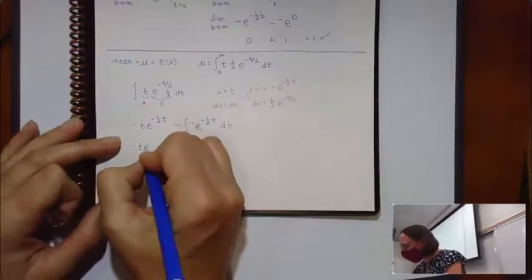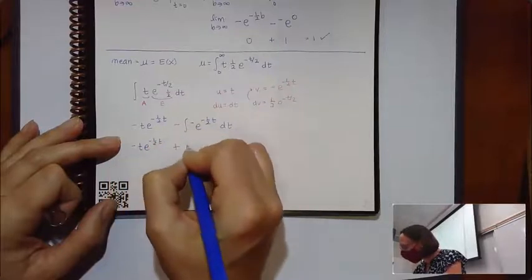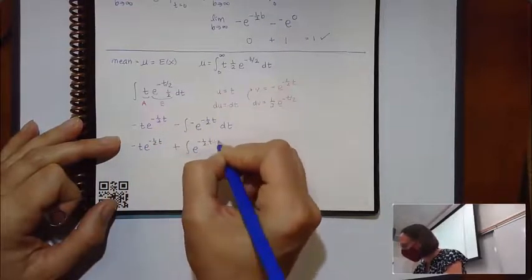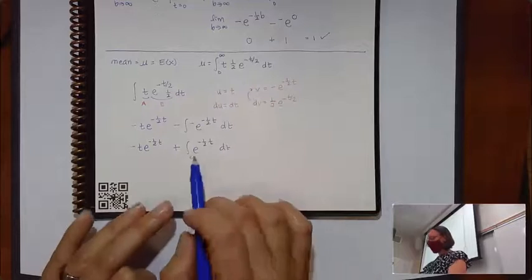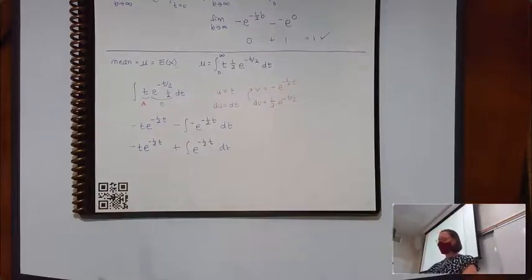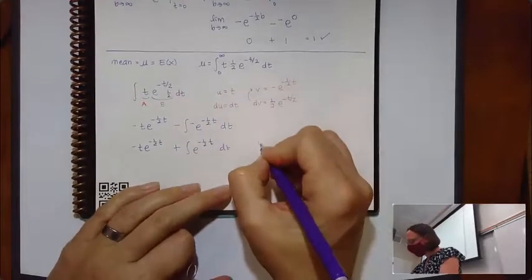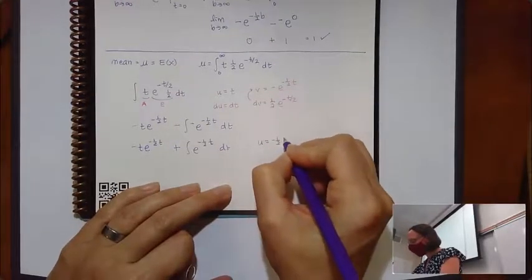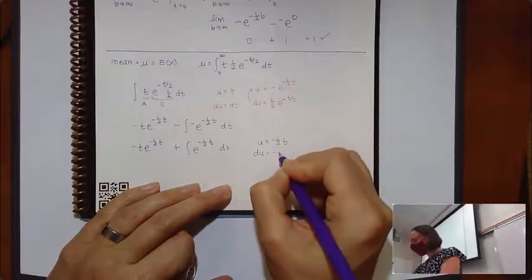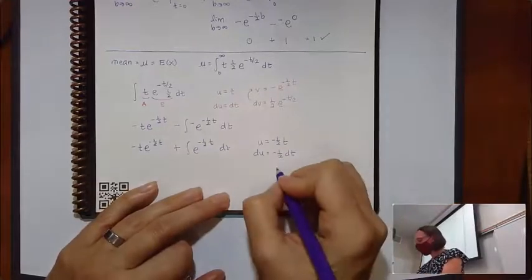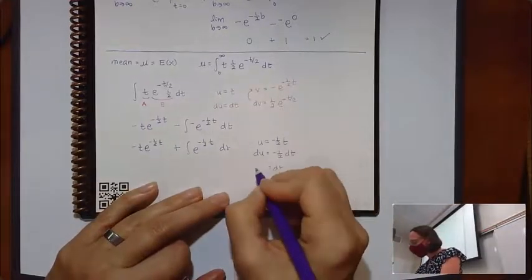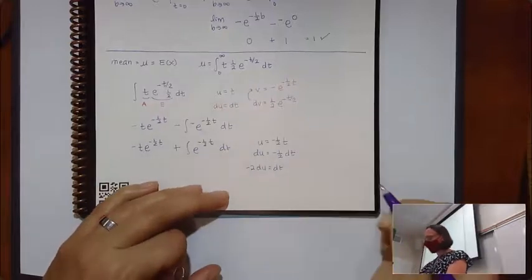So I've got negative t e to the negative 1/2 t plus the integral of e to the negative 1/2 t dt. To integrate this, I'm thinking about a u substitution. I come off to the side over here, and u is negative 1/2 t, then du is negative 1/2 dt. But this time I don't have a 1/2. So my dt would have to just be negative 2 du.